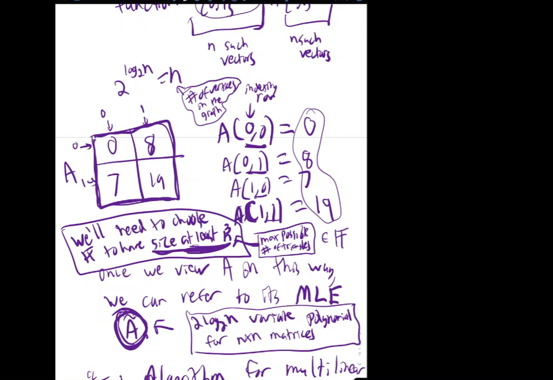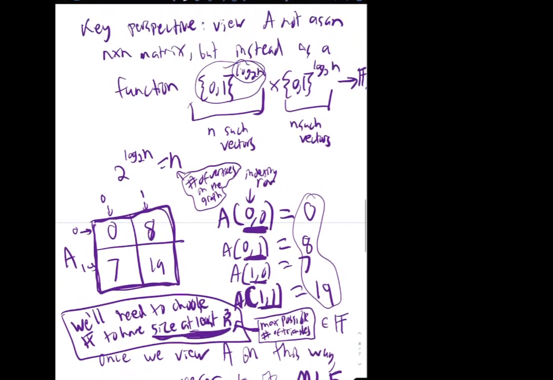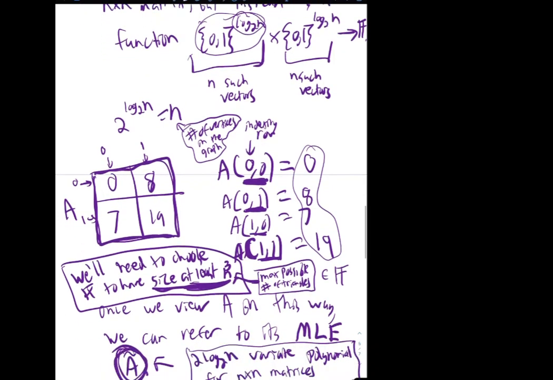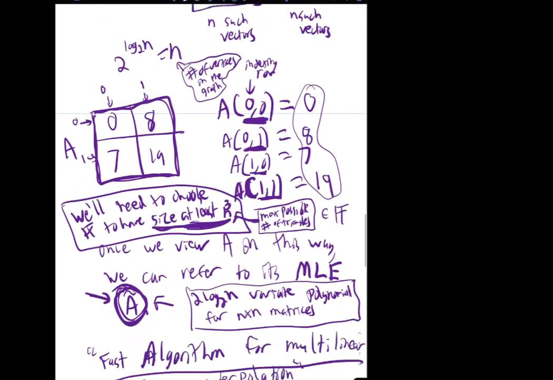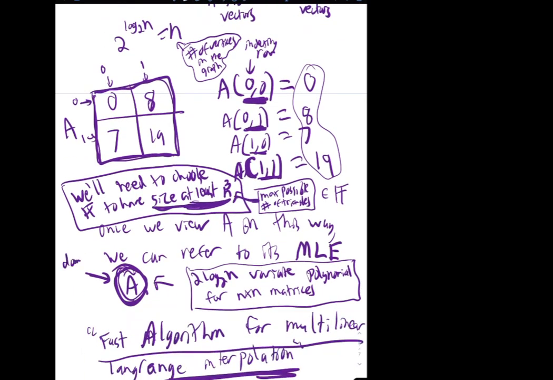So what's happening here is that before we take its extension polynomial, we view the domain of A as {0,1}^(2 log n). But once we take the multilinear extension polynomial, its domain is no longer {0,1}^(2 log n). Its domain is the field to the 2 log n.